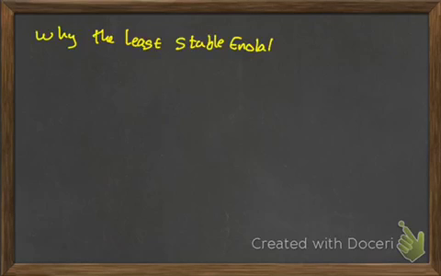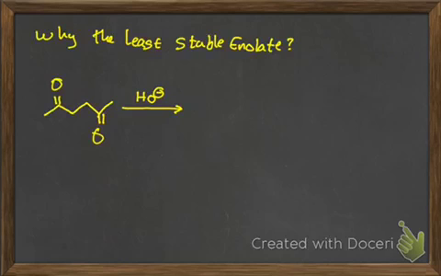why the least stable enolate? Because if you'll look at this ketone, when you apply a base to this, one of two things will happen.